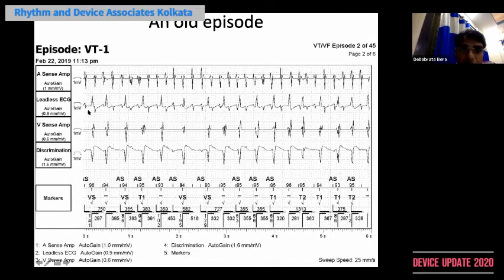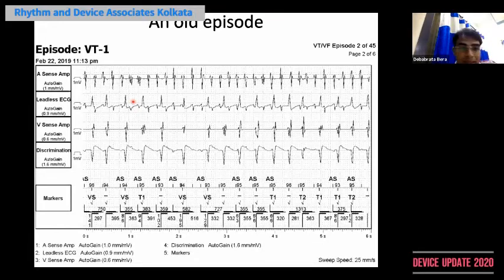But from here, what is clear, if you look at the number of A and the number of V, is that the number of A is grossly more than the number of V. So it is unlikely that this is VT unless there is a dual tachycardia, meaning the patient is having atrial flutter in the atrium and VT in the ventricle. That sometimes happens in rare situations, but otherwise A is more than V.